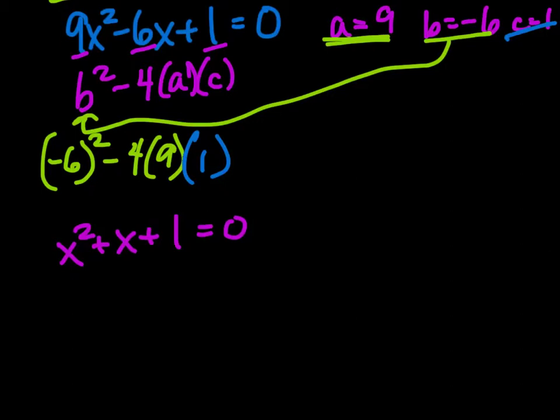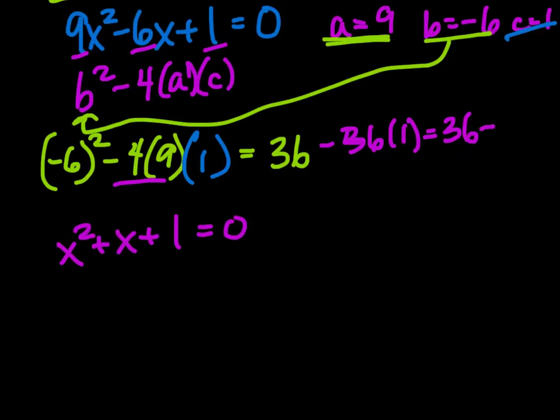Negative 6 squared is negative 6 times negative 6, which is 36. Then negative 4 times 9 is negative 36, times 1, which is negative 36, so 36 minus 36 is equal to 0. So there's one solution.